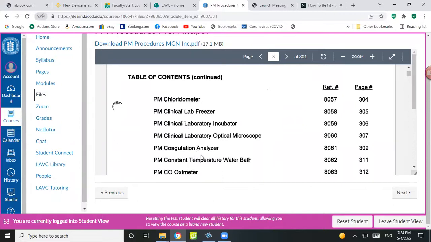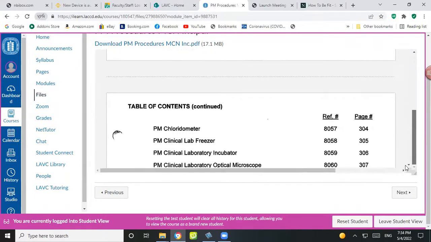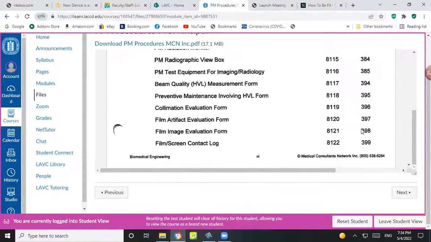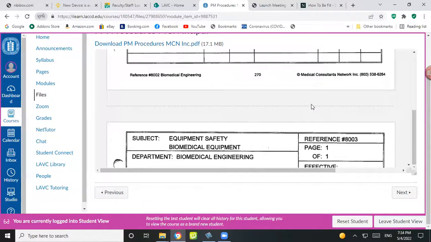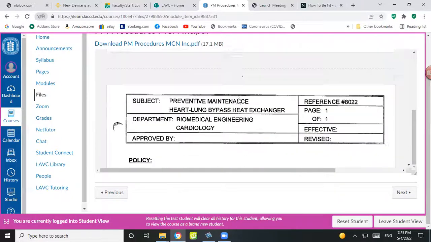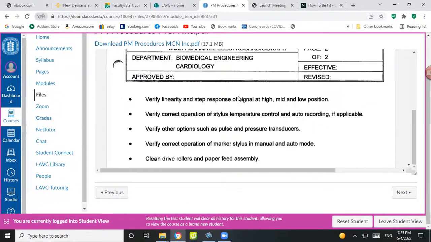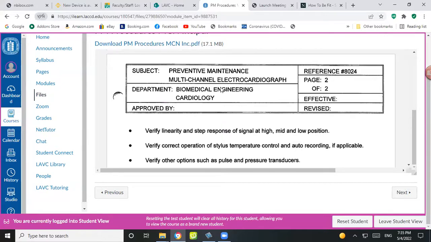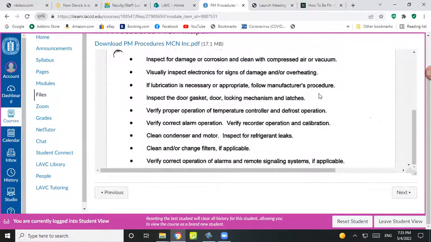Let's look at the centrifuge, page 300. If you work in a hospital, they might print this procedure out for you.